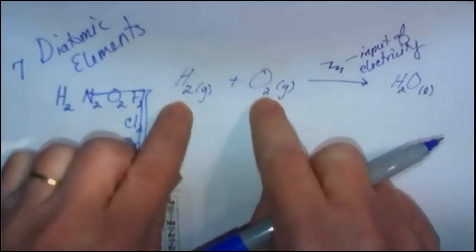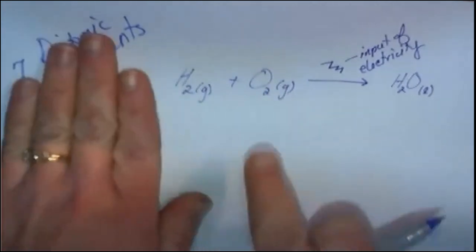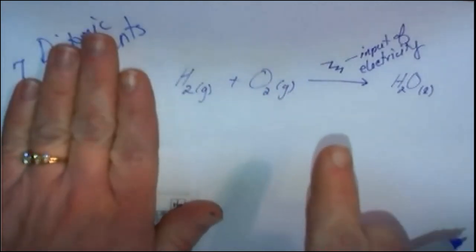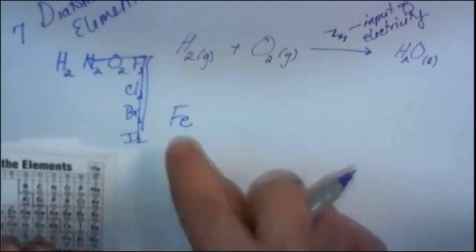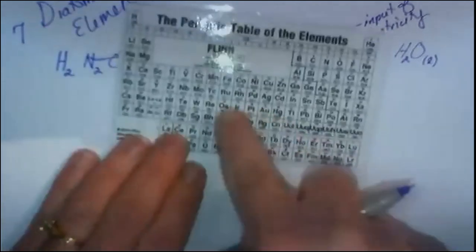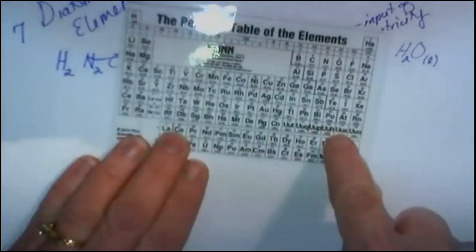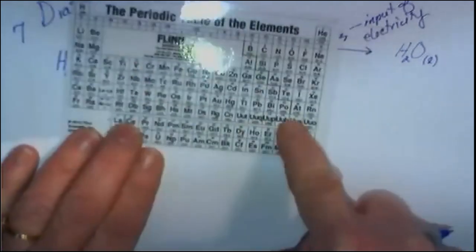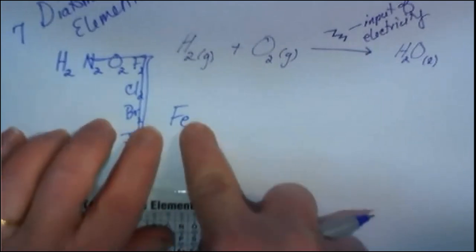These formulas are correct. Now, if we wanted to make rust, well, we would just expose iron, and iron is not one of the 7. So any element that is not one of these 7, we write it without any subscripts.